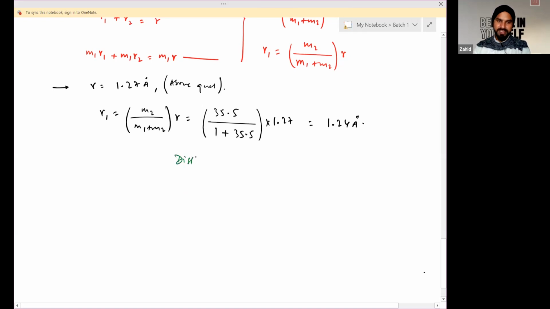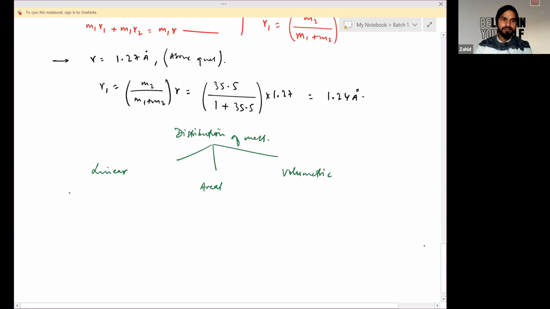So we first define distribution of mass. We mainly have three different types of distribution depending upon dimension of body. First is called linear distribution. Second is called areal distribution. And third is volumetric distribution.